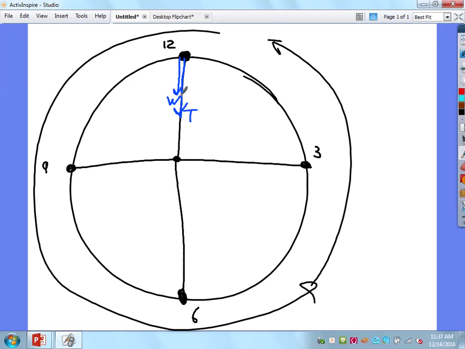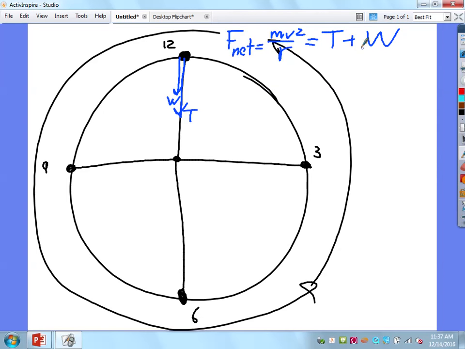So at the 12 o'clock position, the net force for the object will be mv squared over r. That's the formula. But what forces will be creating the net force? It's going to be the weight and tension. They're both pointing towards the center of the circle. That means both of them are positive, so this would be T plus W. So that's the first one.